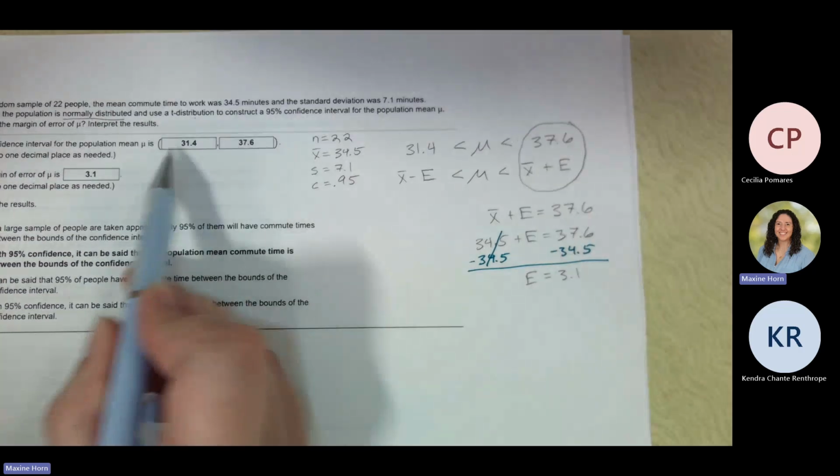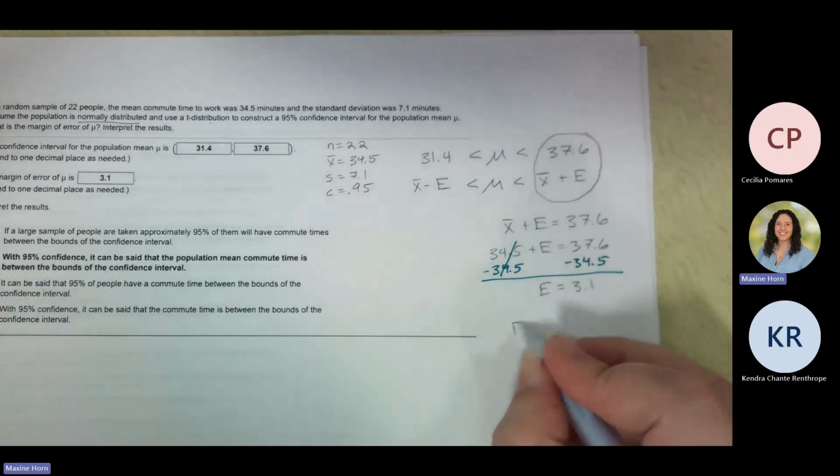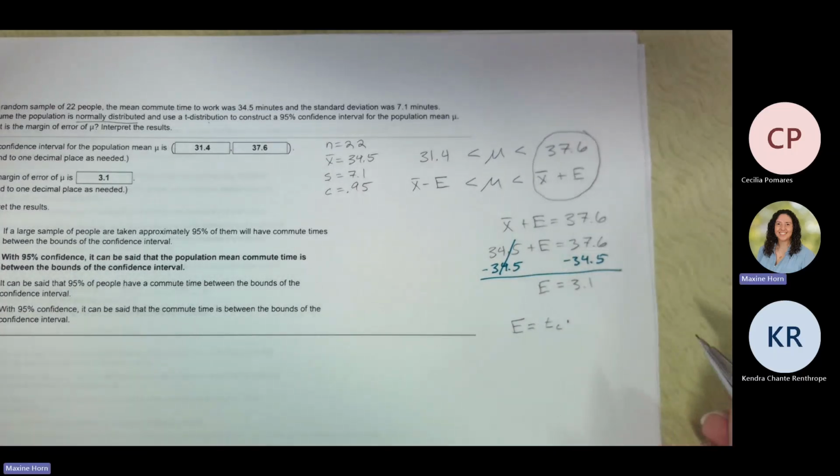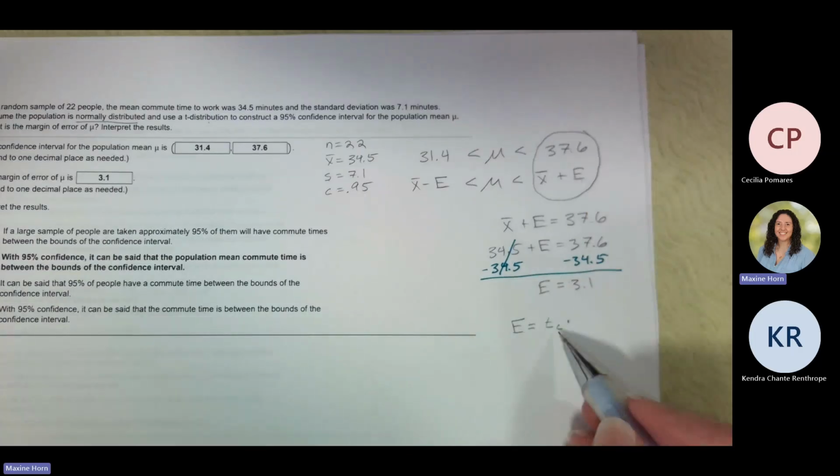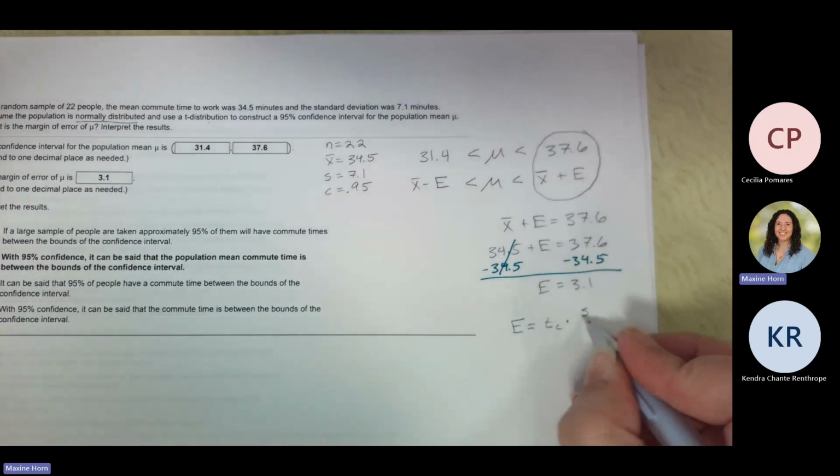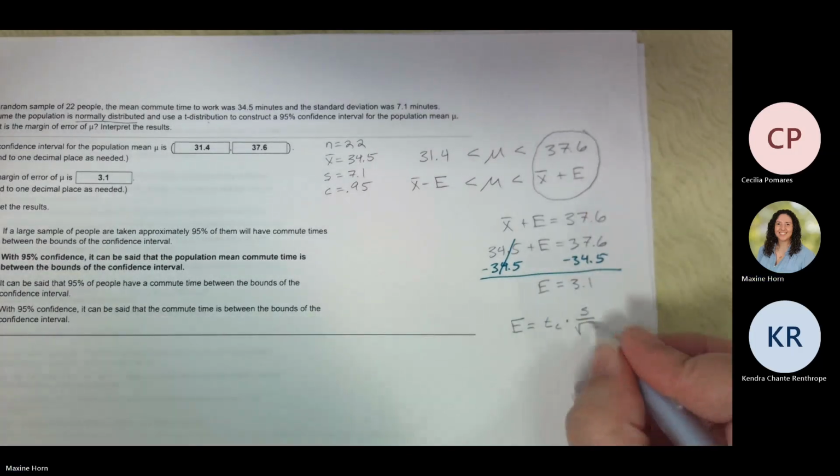If you did want to do it by hand, you could. My suggestion would be that you've already calculated this in your calculator, so it's going to be faster to just do it this way. If you did want to do it by hand, remember that the formula for the margin of error when we're using the t distribution is the t-score times the sample standard deviation over the square root of the sample size.